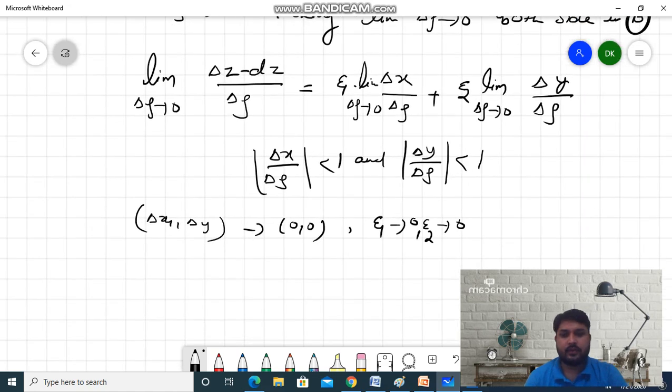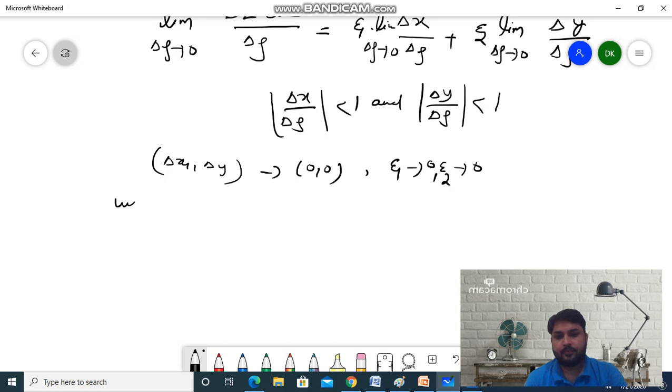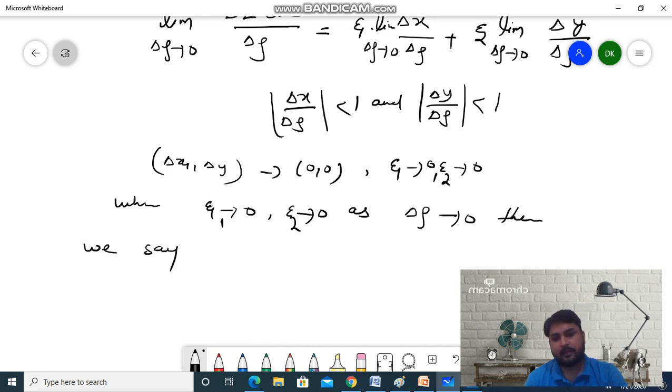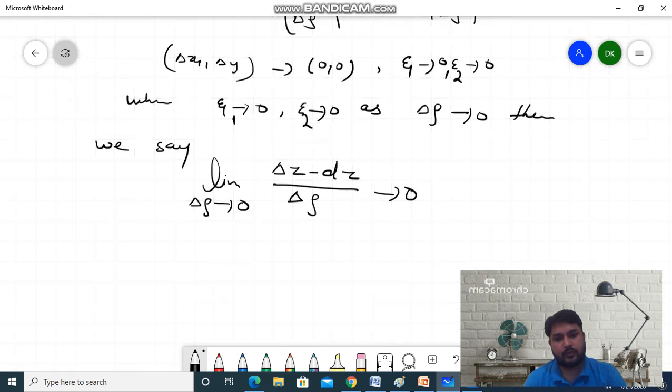That means when epsilon 1 tends to 0 and epsilon 2 tends to 0 as del rho tends to 0, the limit as del rho tends to 0 of del z minus dz upon del rho also tends to 0, or we say f(x, y) is differentiable.